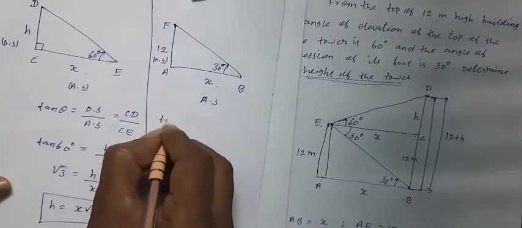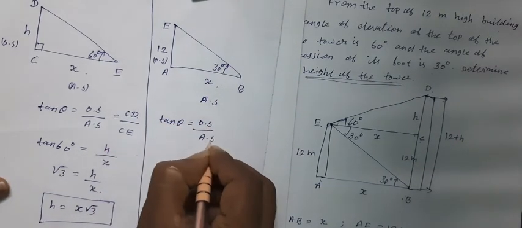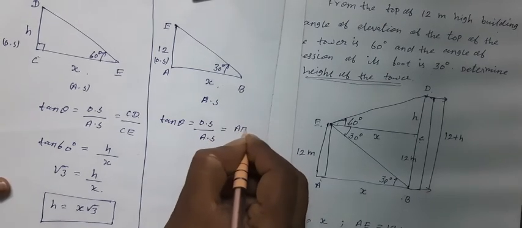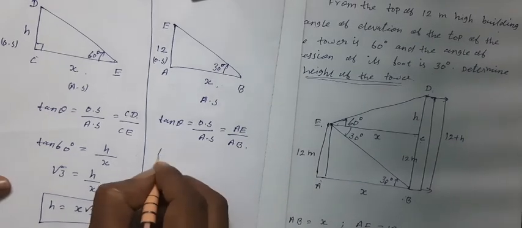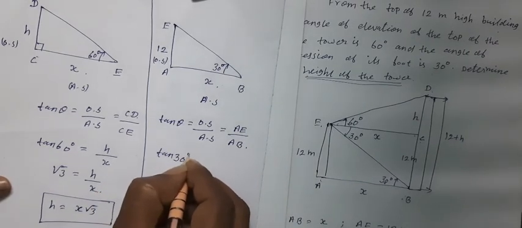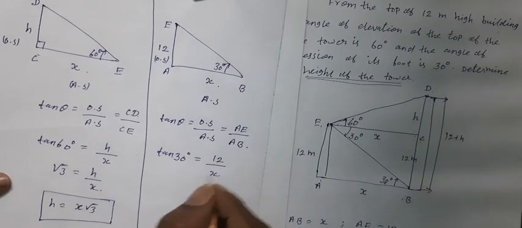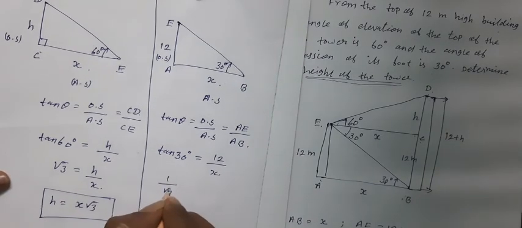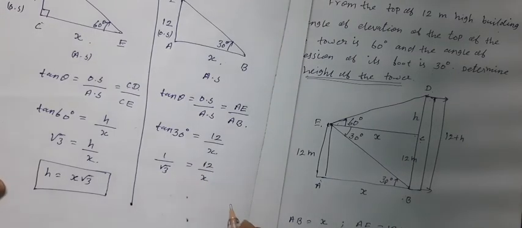So we can use tan theta is equal to opposite side by adjacent side. Opposite side is AE by adjacent side AB. Here theta is 30 degrees. So tan 30 degrees is equal to 12 by x. So 1 by root 3 equals 12 by x. We can cross multiply. x is equal to 12 root 3.